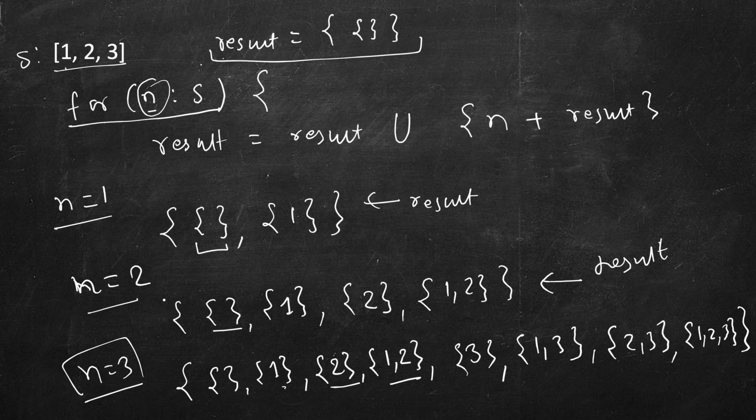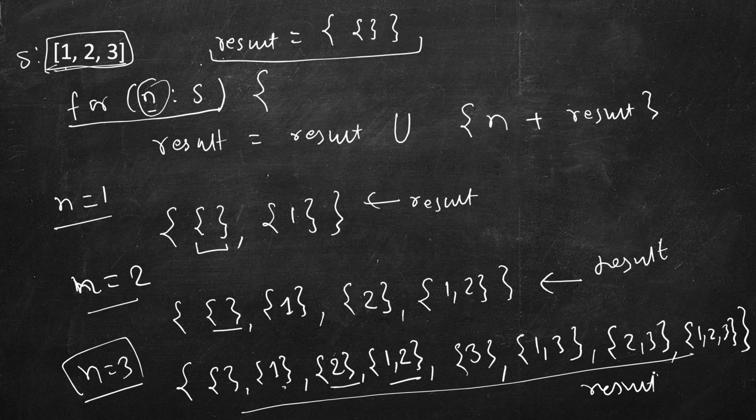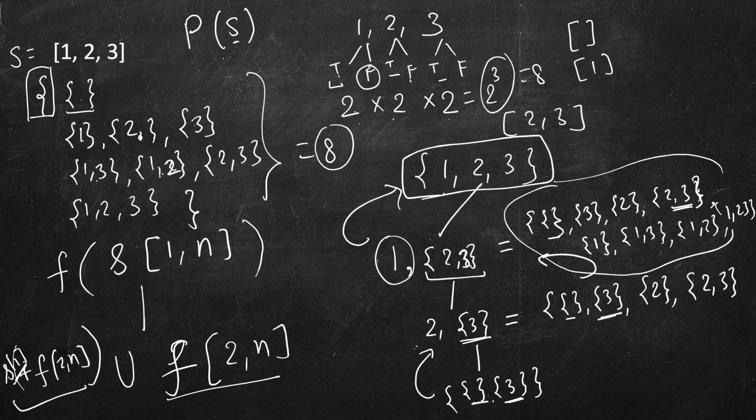And now we have iterated for all the values of n in this set, and this is the final result. So you see, it looks much cleaner and much simpler. But if you are able to solve this recursively, then it would be good practice for understanding the recursive concept. Finally, let's see the third method, which is using bit patterns.